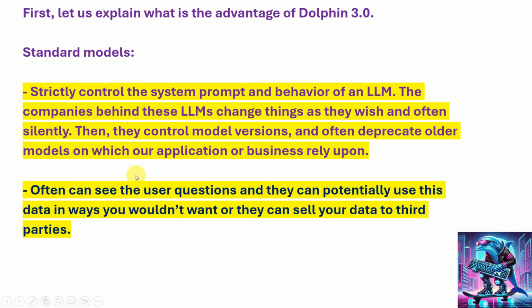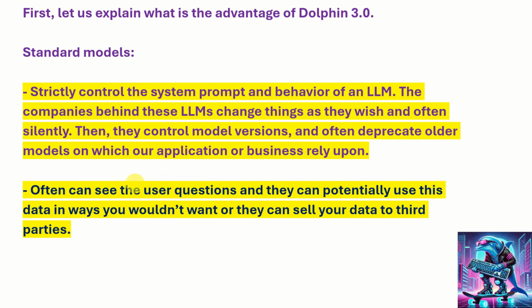Standard models strictly control the system prompts and behavior of a large language model. The companies behind these LLMs change things as they wish and often silently. Then they control model versions and often deprecate older models on which our application or business rely upon.